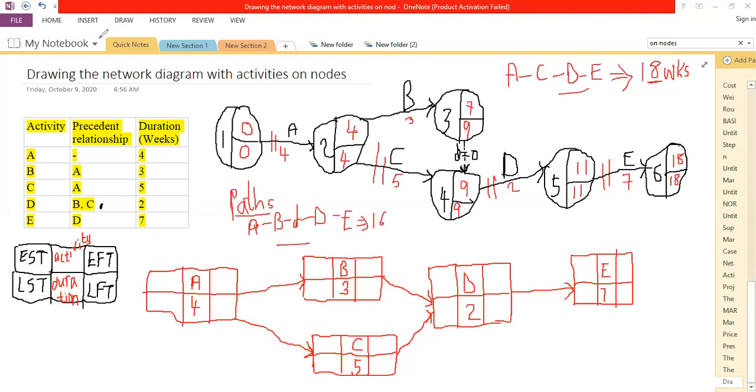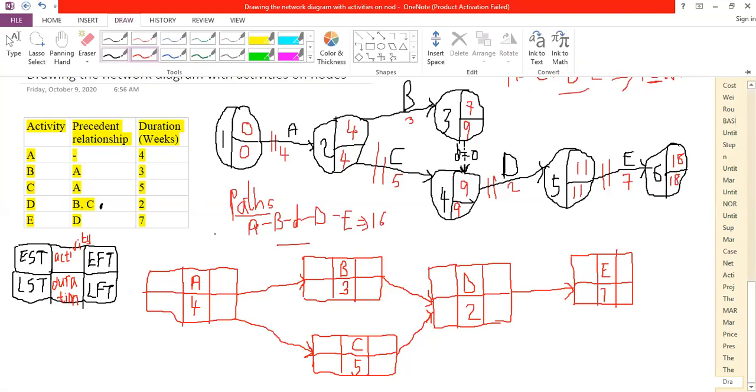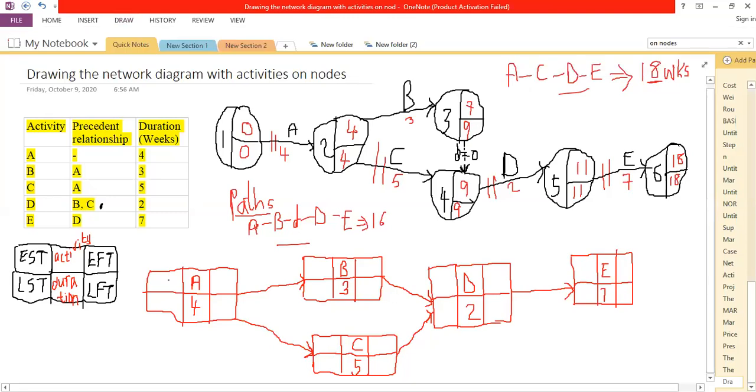So let me pick a different color. The earliest that you can start activity A, of course, is at 0 time. We haven't consumed any amount of time. Remember, it's at the beginning of the project. Then class, follow me.